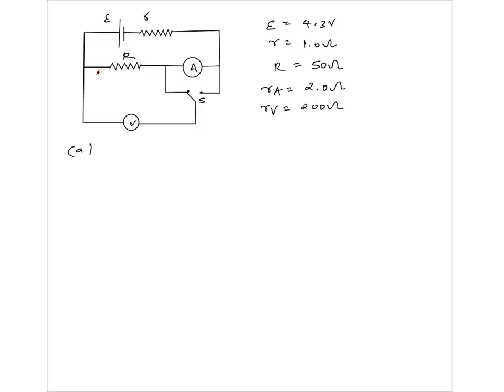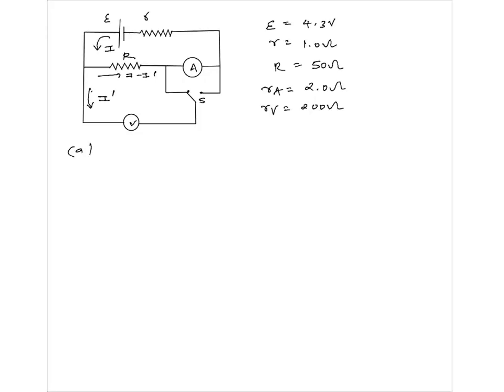So let's take this current to be I and this current to be I dash. I comes, I dash goes, so this one would be I minus I dash.